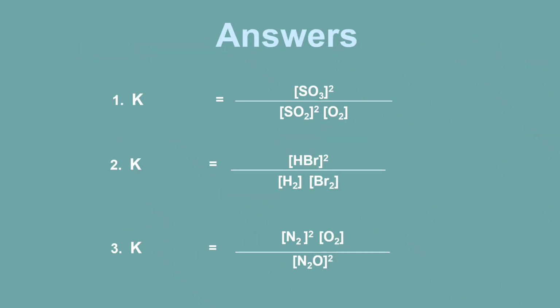Alright, so here are the answers. In case any of the answers contradicts your own answer, you may just approach me and clarify your doubt. Otherwise, this is a pretty straightforward concept.